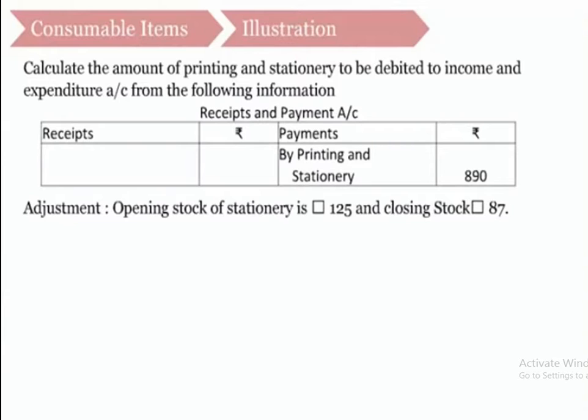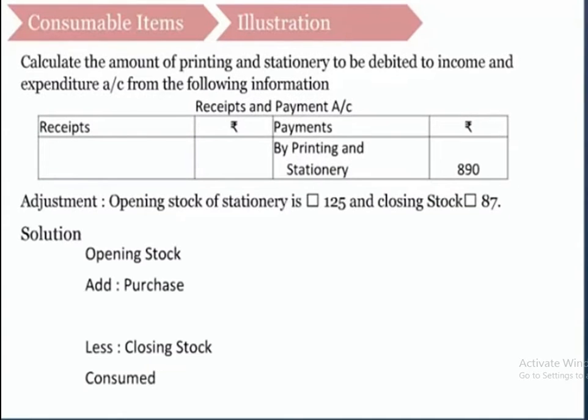Out of this information, we need to calculate the amount of printing and stationery consumed. Now we put it in statement form and the calculation is simple. This is the statement that we need to remember.